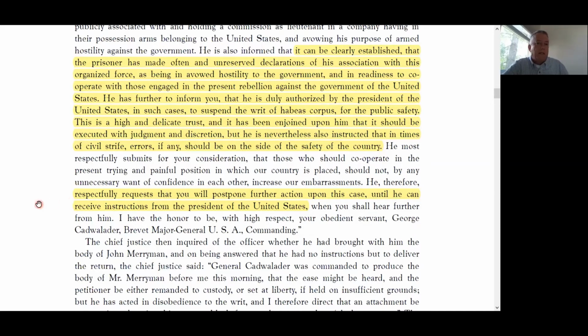Now, it seems to me the Chief Justice ought to be somewhat indignant about this. I mean, if you think about it, this sets up a direct conflict between the executive branch and the judicial branch. And the executive branch and the U.S. military are directly ignoring an order of a federal judge.